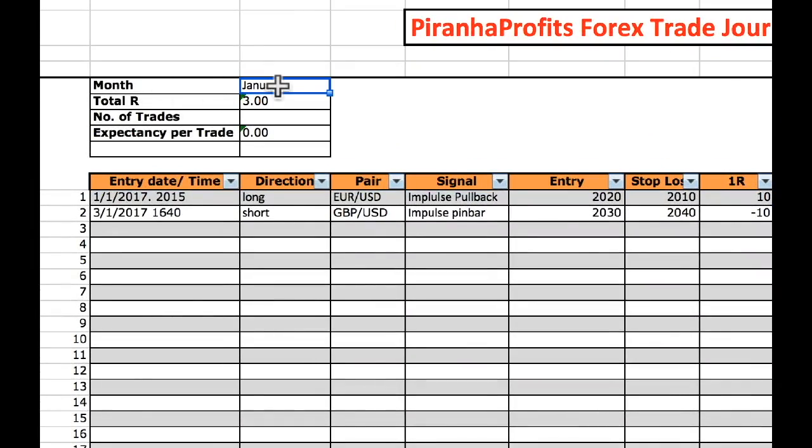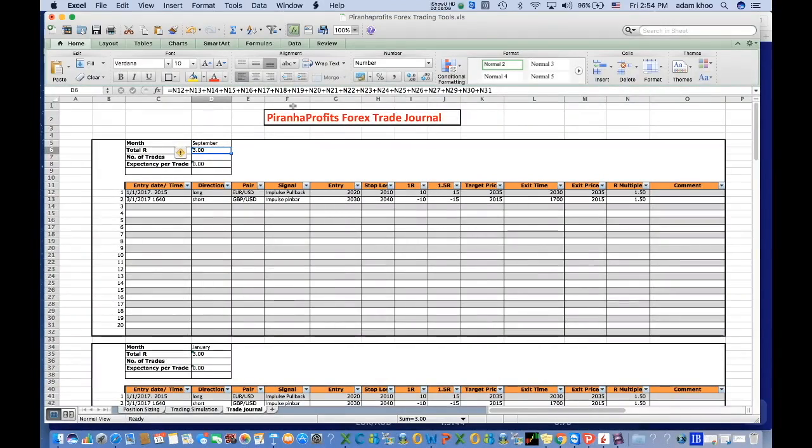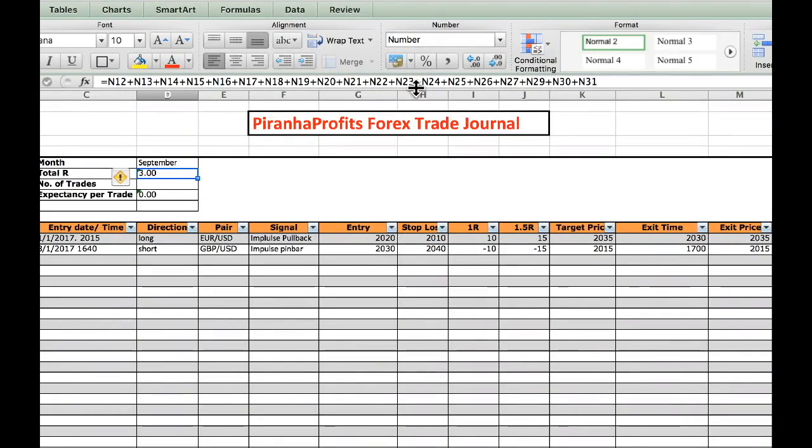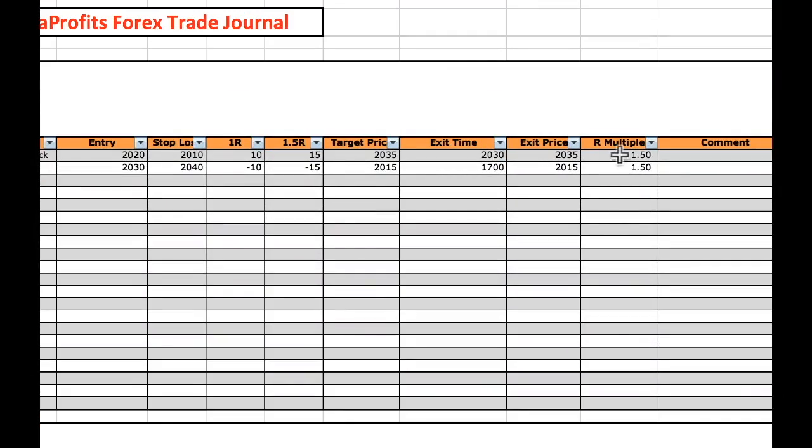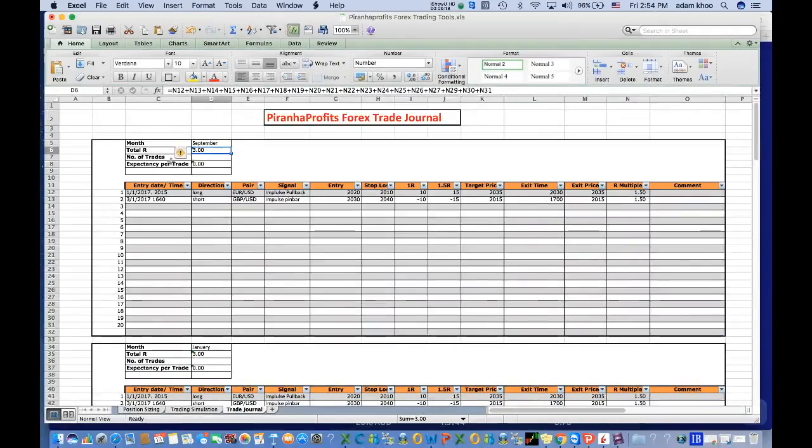First, say you're trading now in September, for example, so put September. And how many R did you get? This would be the total, you can see it's a sum of all the R multiples here.